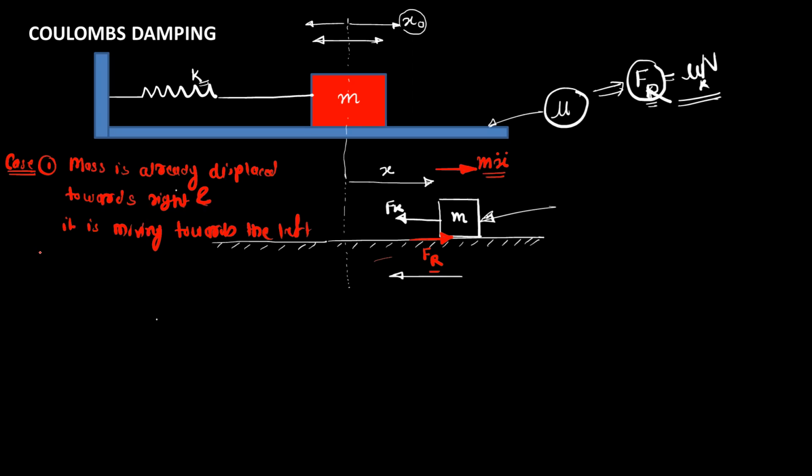So basically this is the right to left motion of the mass. And this is the free body diagram. So I will draw that free body diagram.